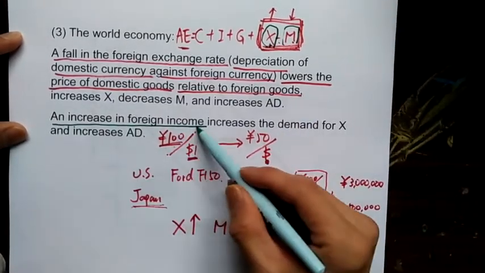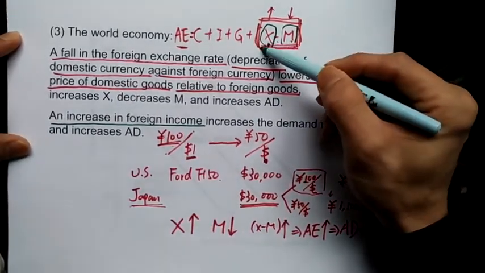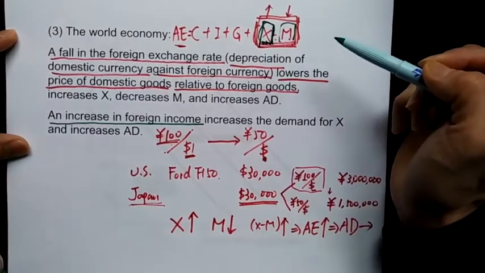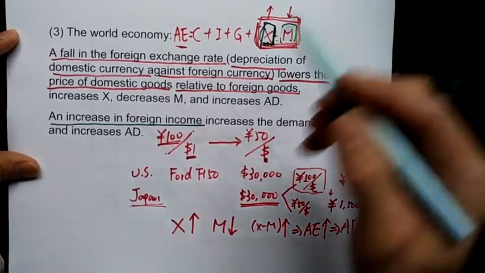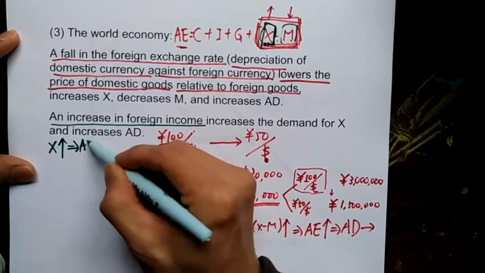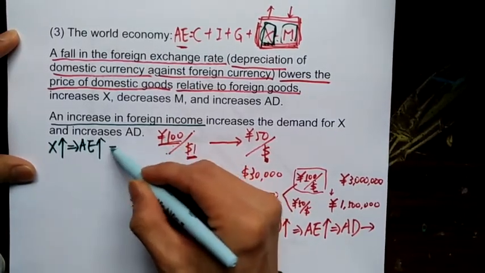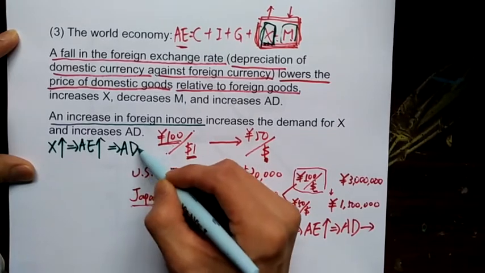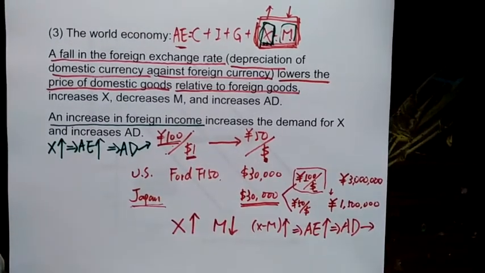So an increase in foreign income will increase our export. Therefore, export increases, aggregate expenditure increases, aggregate demand curve shifts to the right.